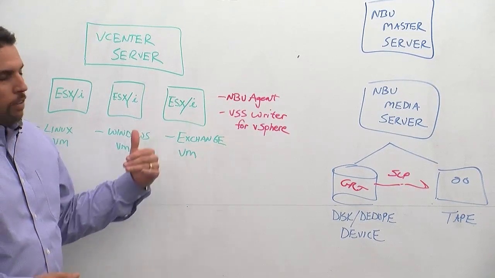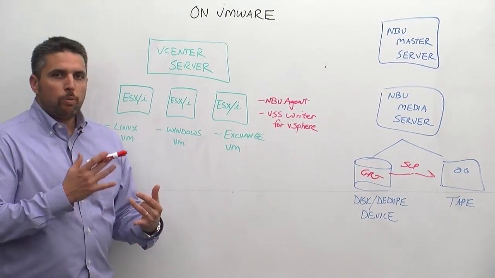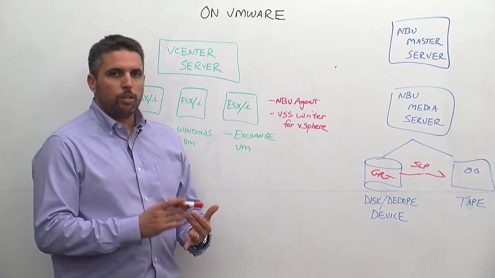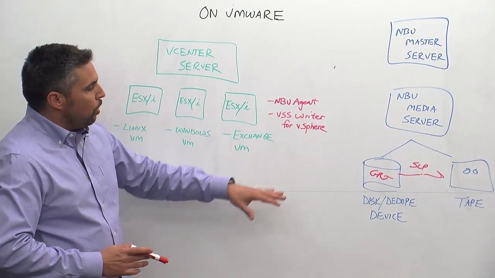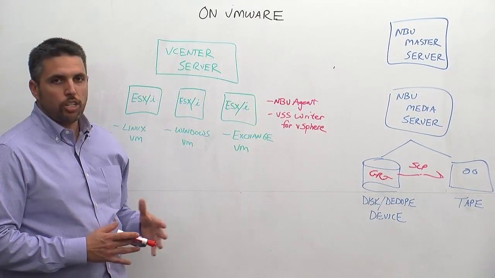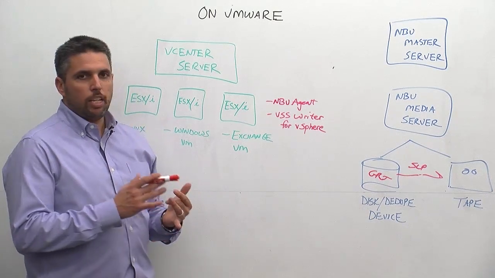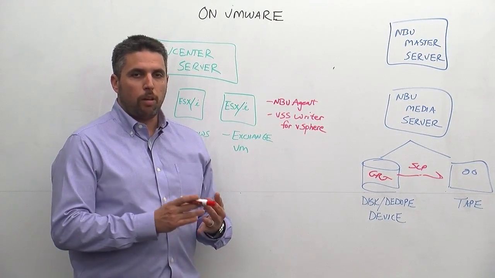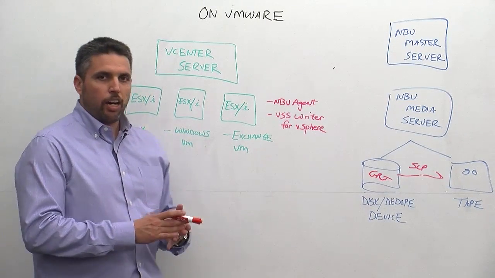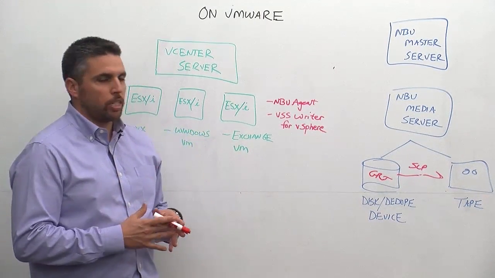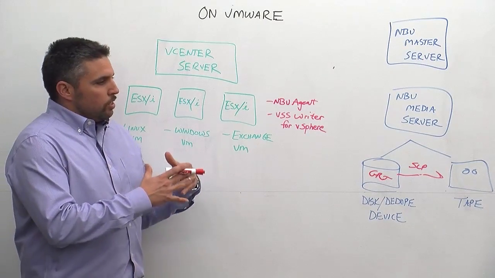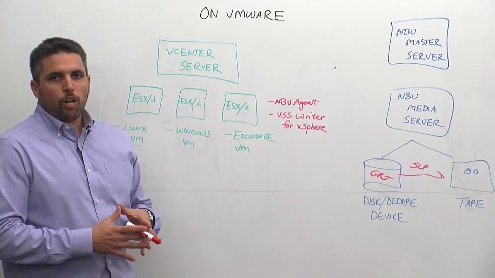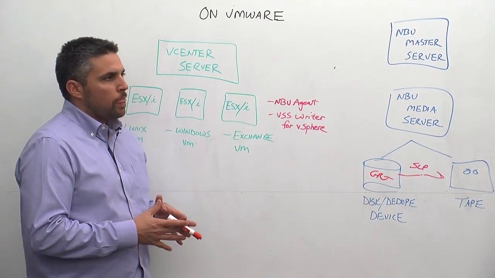So from a recoverability perspective, we can restore the entire virtual machine. We can restore individual files and folders. Or because we have Exchange GRT protection, we can get down to the granular objects, such as the mailbox, such as individual mail messages, contacts, calendars, individual Exchange objects. So very much a single pass backup, with a variety of restore options when it comes to Exchange.